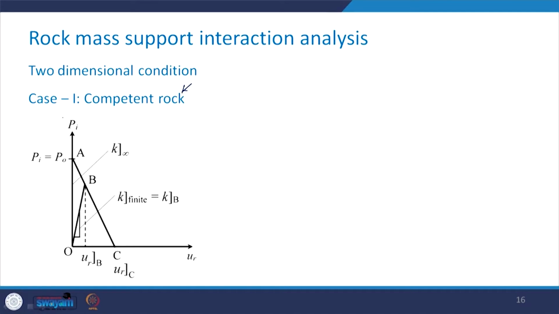Now, this Pi is going to be the radial support pressure, and in this figure you can see that this Pi has been plotted against the radial deformation, which is UR. So, UR we are saying that it is the radial deformation.